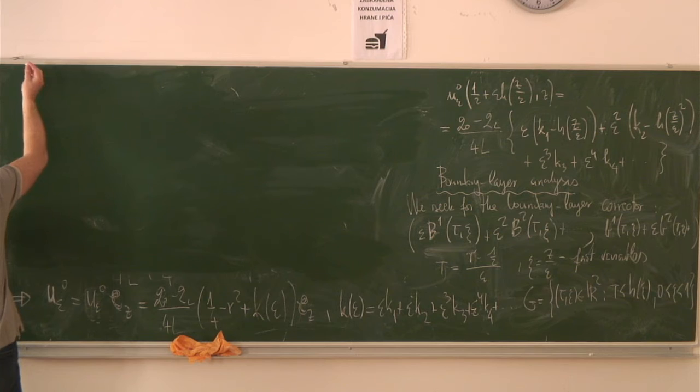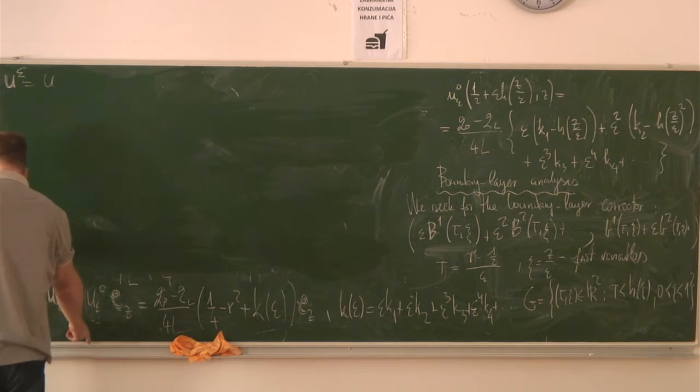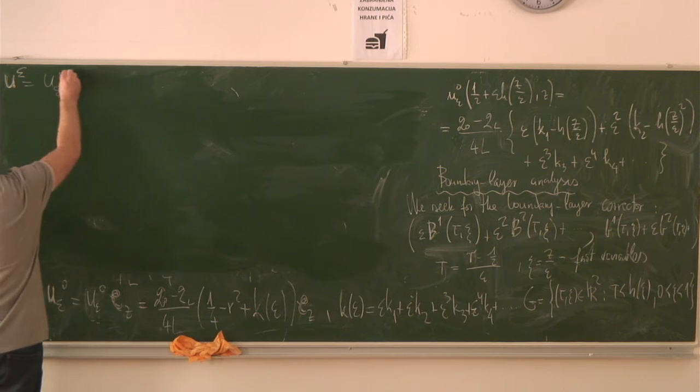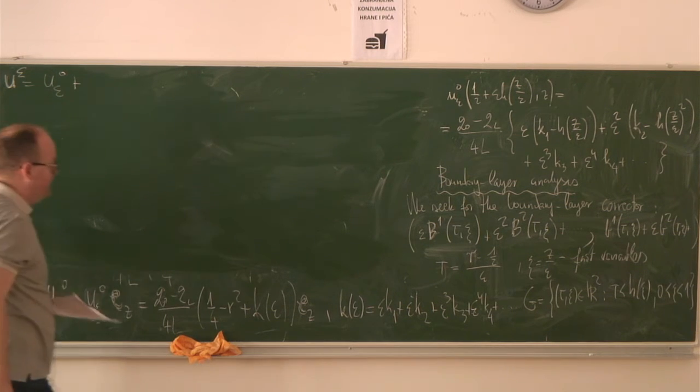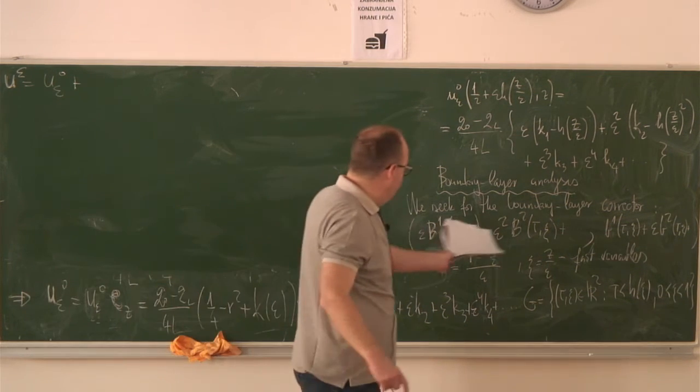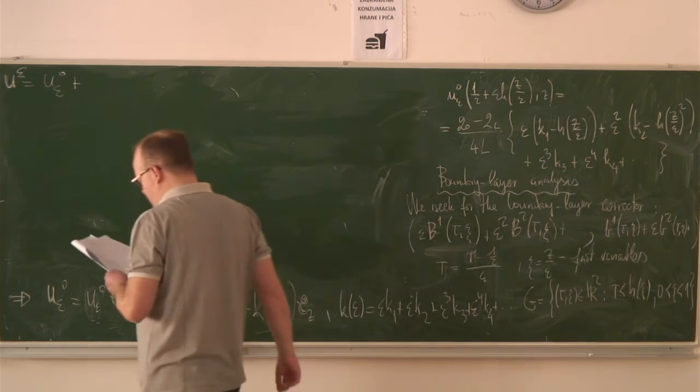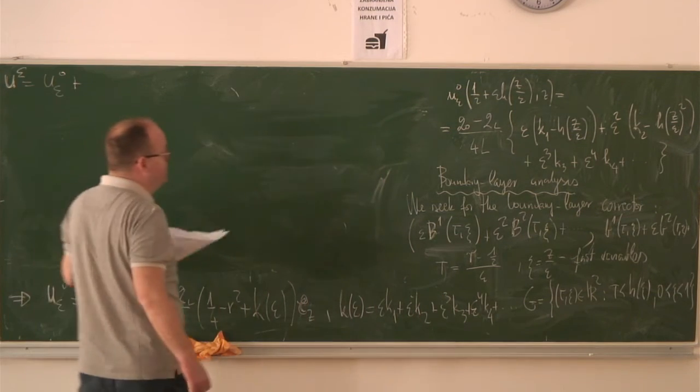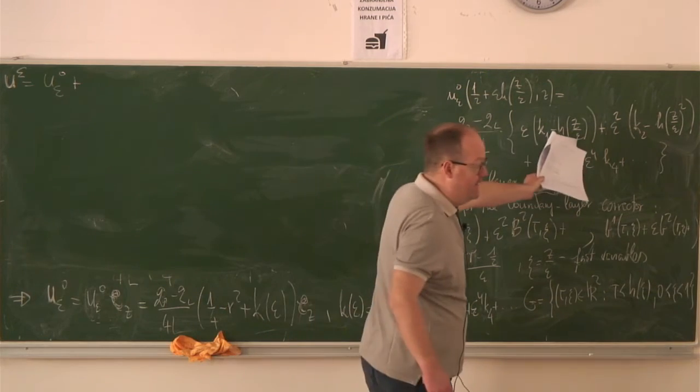So the idea is to substitute the expansion for the velocity, whose zero-order approximation is this one, and which is corrected by the boundary layer correctors, these guys here. And why? In order to satisfy this, okay?